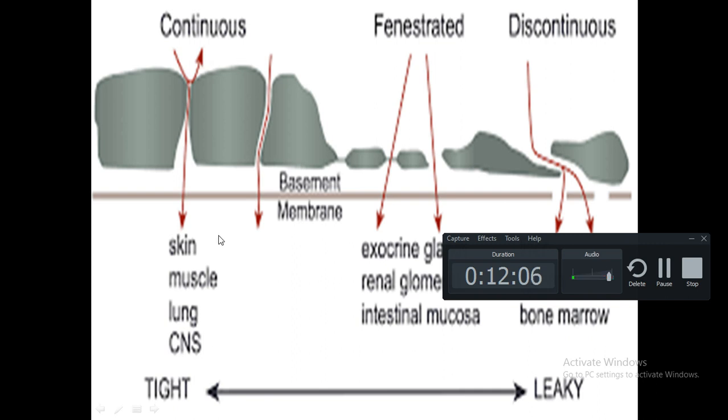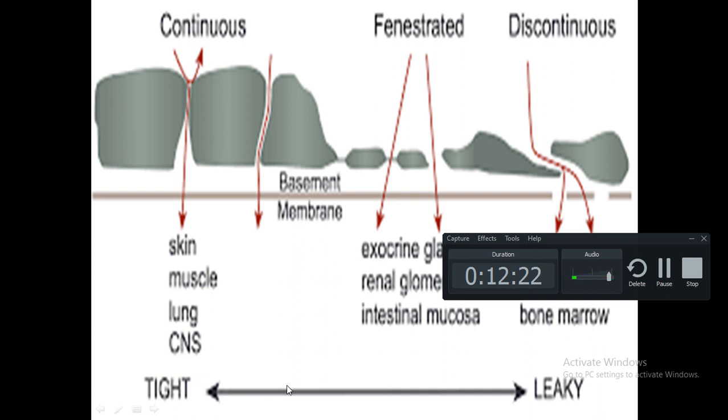You can see here the tight junctions, and these cells are approximated to each other very tightly, and these types of junctions are present in the skin, the muscles, the lungs and the CNS.